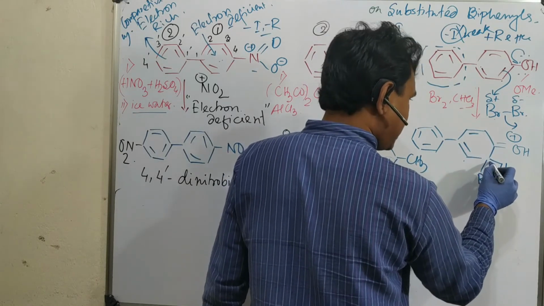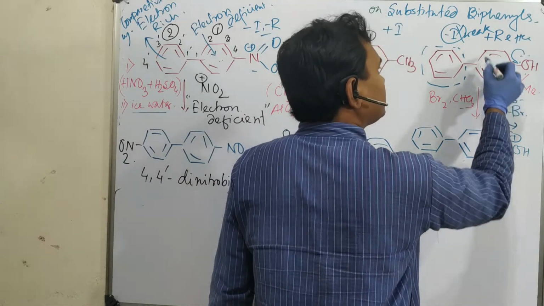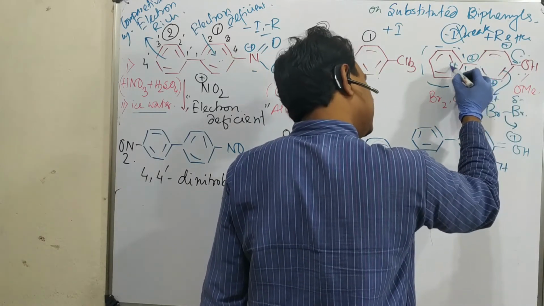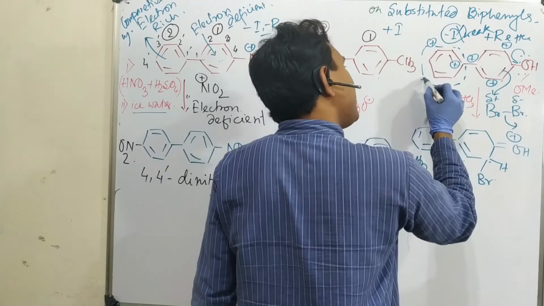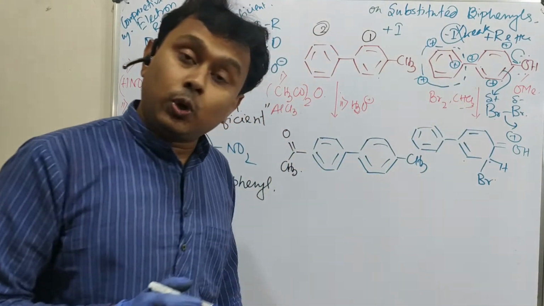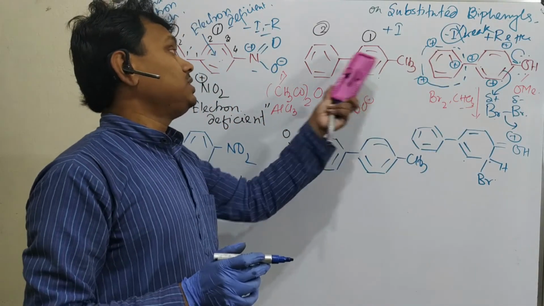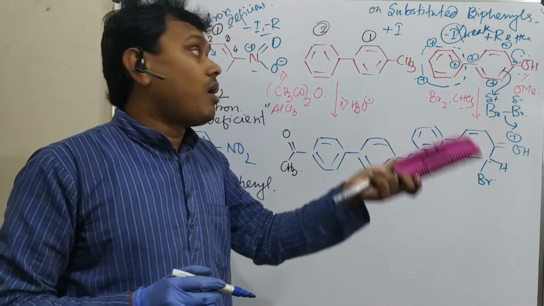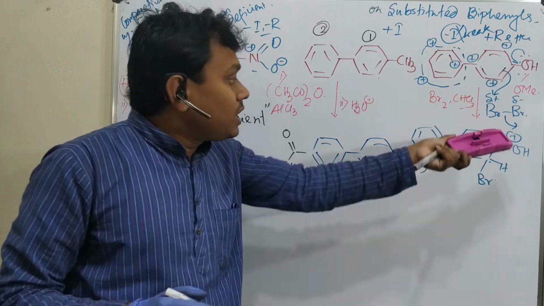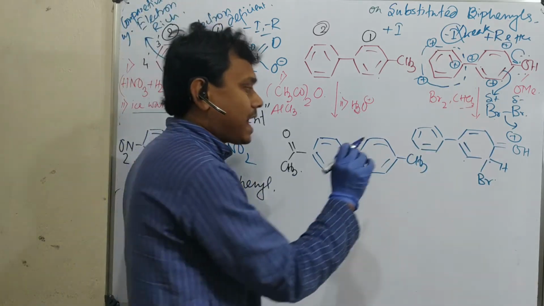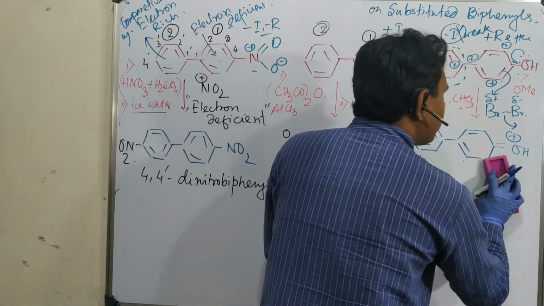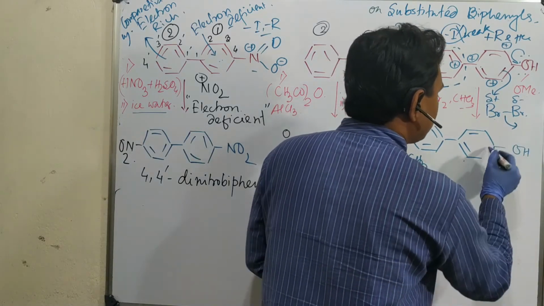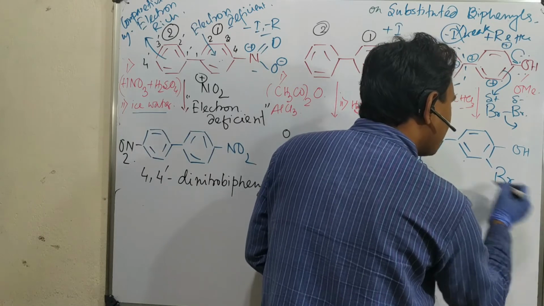Sorry, this is the plus charge here, then plus charge here, plus charge here. So in this way, as I told, through ortho-para attack, the adjacent phenyl can participate in resonance or stabilization of the positive charge. So here it is ortho attack, and the product is the ortho attack product. Okay, so the product is this.